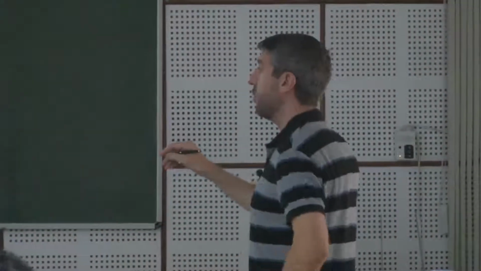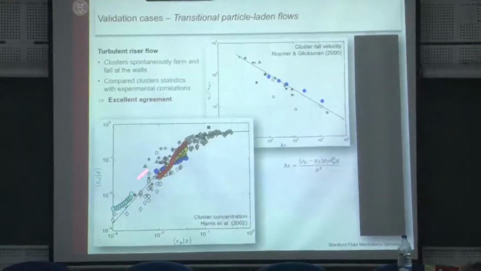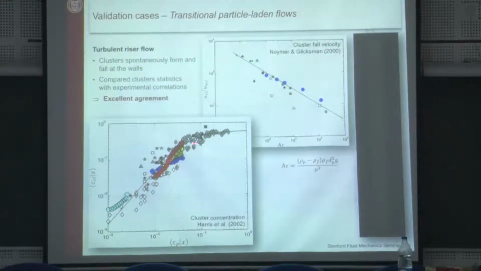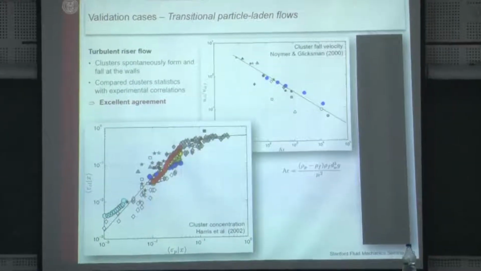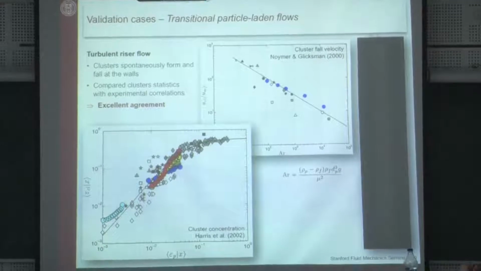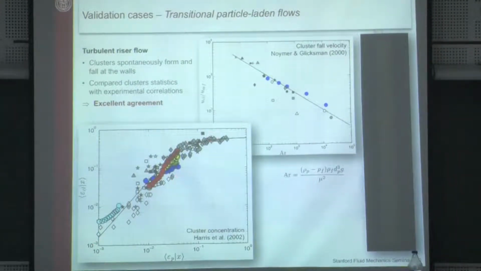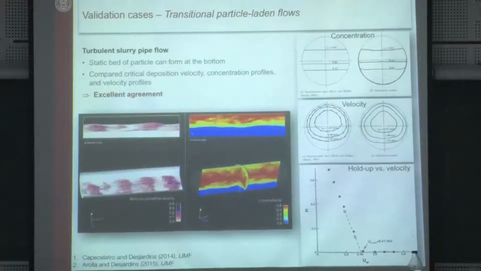Well, that's something that's been correlated by experimentalists, this data from Harris et al. The color symbols are different simulations from our group. The underlying other symbols are from actual risers. So again, I think we match this pretty well. So we think that we can predict clustering and that our simulations contain clustering well.